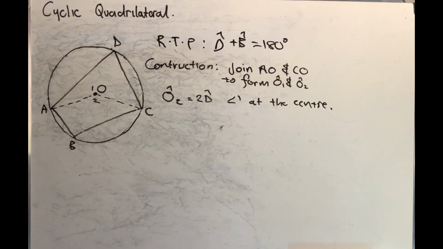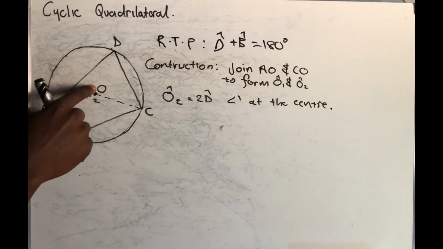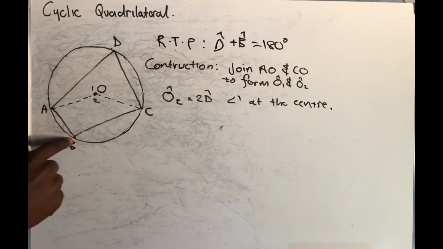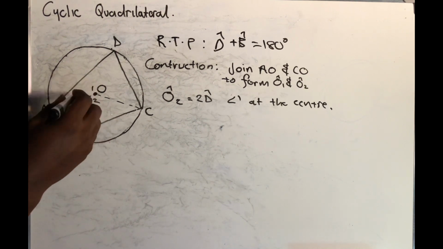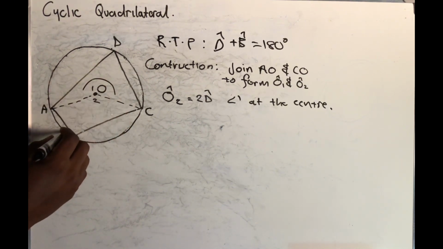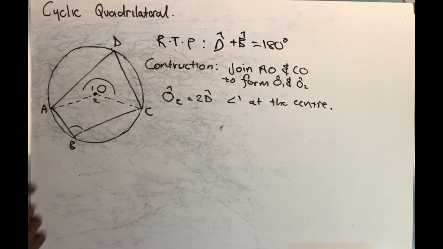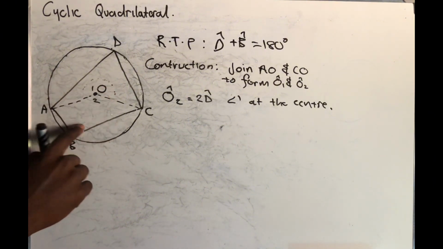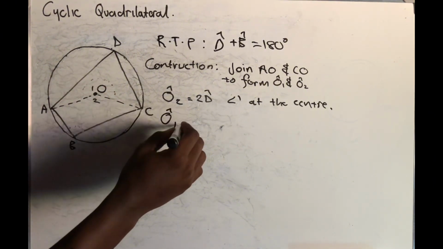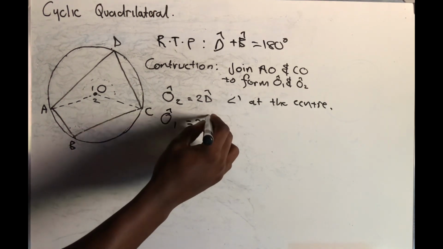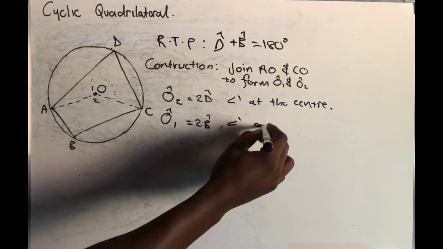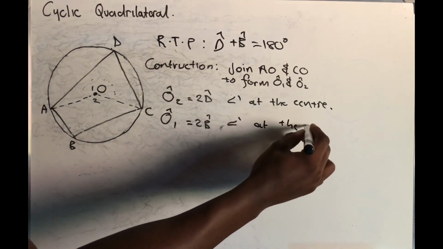And then also O1 is 2 times B, because O1 is an angle at the center and B is an angle at the circumference. So angle O1 is equal to 2 times angle B, angle at the center.